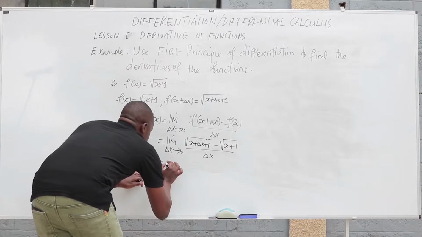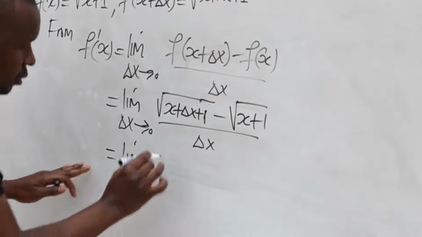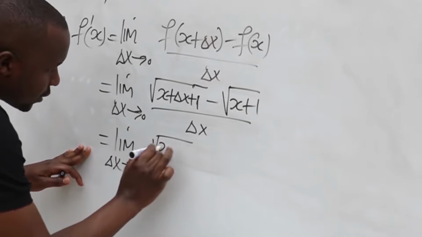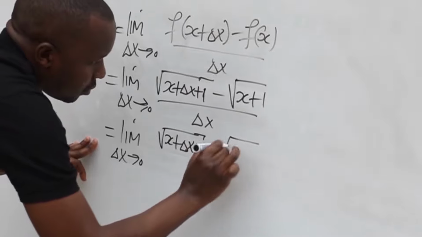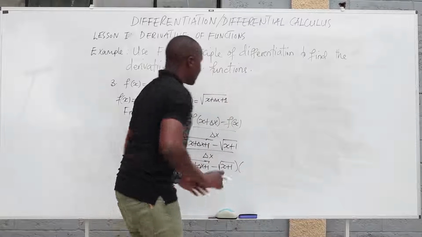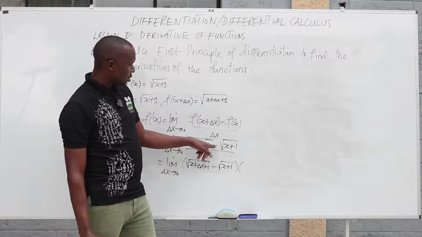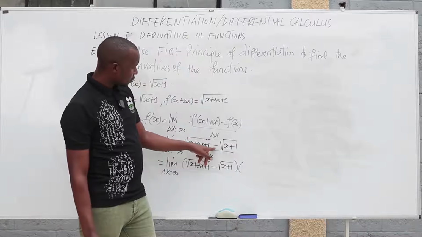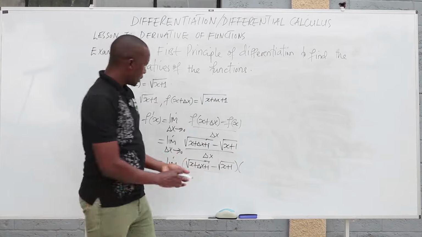So it becomes limit as change in x approaches 0, that is the radical of x plus change in x plus 1. The rationalizing factor is the same numerator expression, but we change the operator. From minus it becomes addition.